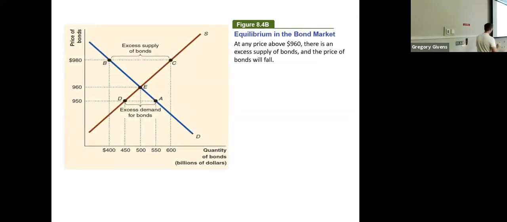If I can go over this pretty briefly here. If we want to think about the adjustment process in the bond market, if you imagine for a moment that the price of the bond was $980, then what type of situation are we observing here? This is one in which the supply of bonds would be 600 billion, but the demand for bonds would only be 400 billion.